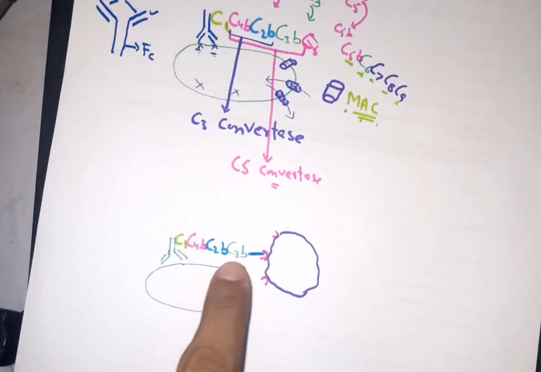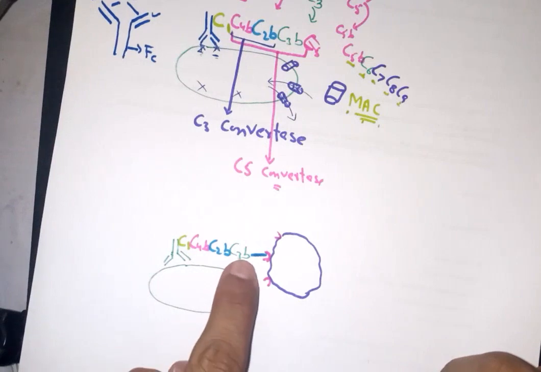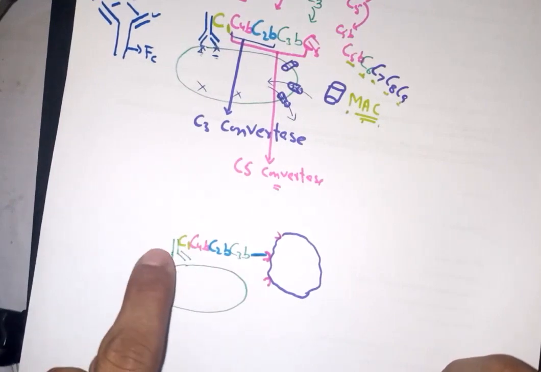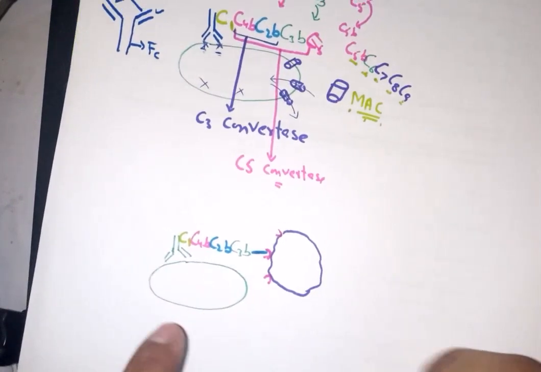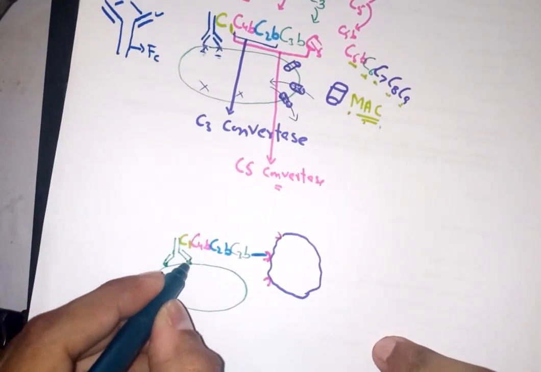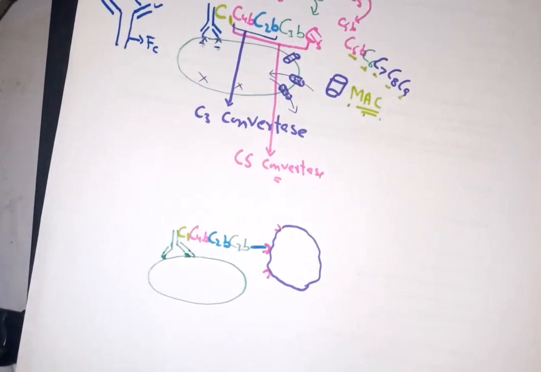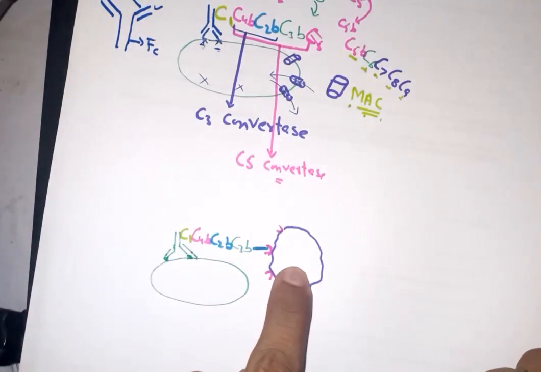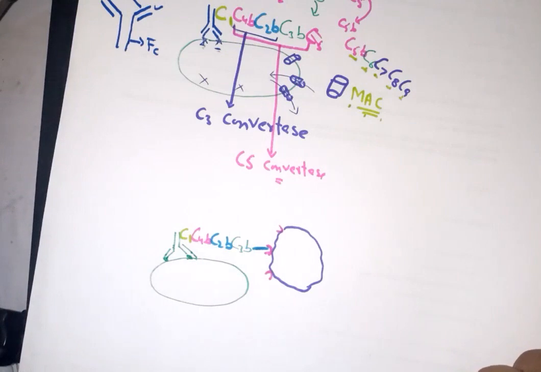Now the whole complex, C3b, the complement complex, antibody, and the bacteria. The bacteria is basically attached with the antibody, no? In this way, this complex has been trapped, it has been held tightly. Now it will be very easy for this macrophage to engulf this microorganism or bacteria.